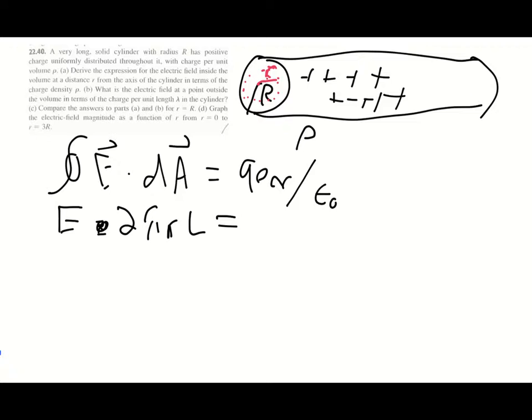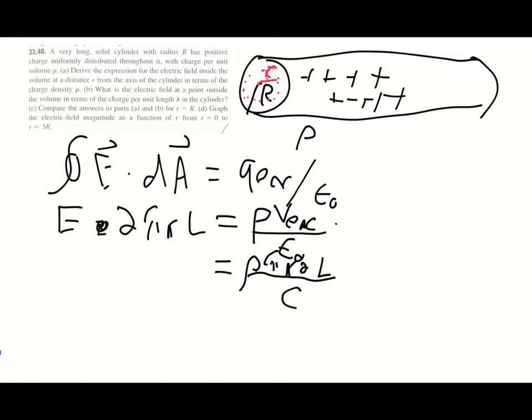The enclosed charge is going to be rho times the volume of our little segment, divided by epsilon naught. And the volume of a cylinder is just what you'd expect: the area of the circle, pi r squared, times L, the length of the cylinder.